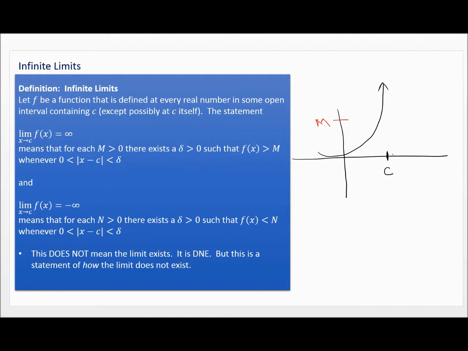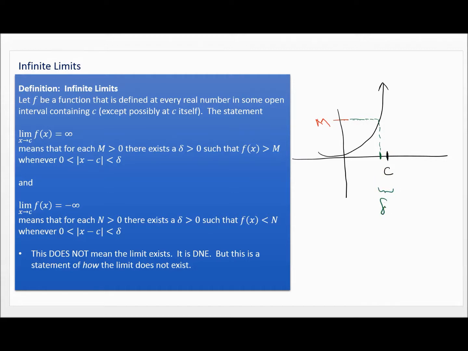So here's what we're going to do. We're going to think backwards. So I track over to my graph and find out this tracks back to here, okay? Now this distance right here between my green value and my c is delta. So that short little distance is my delta distance.